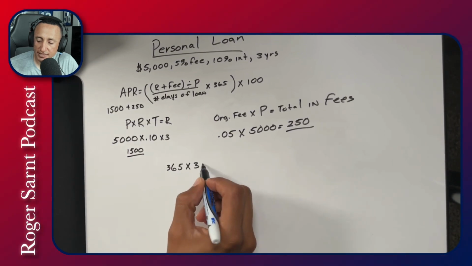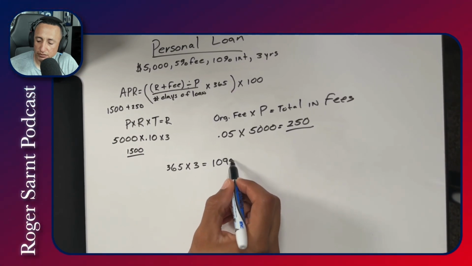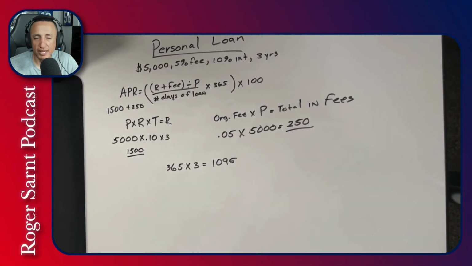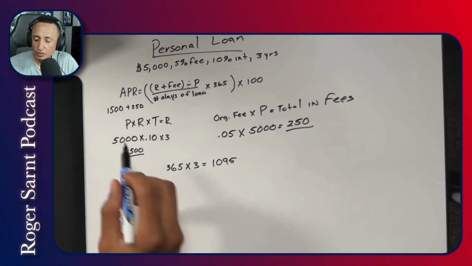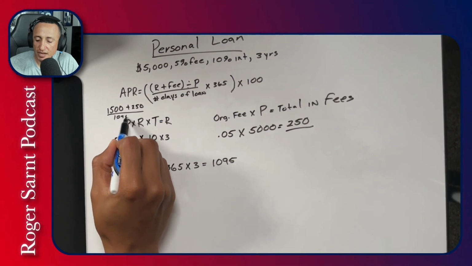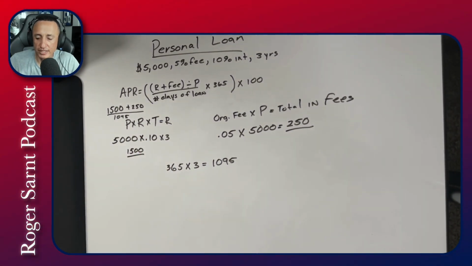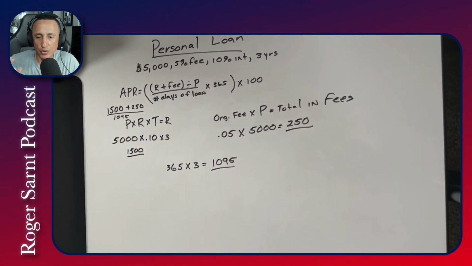We're going to multiply that times 3. I know you got that simple math. I care about everything else. So that's going to be 1,095 days. Okay. So we have all 3 components that we need.